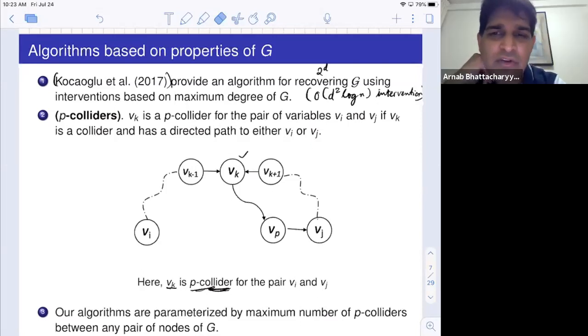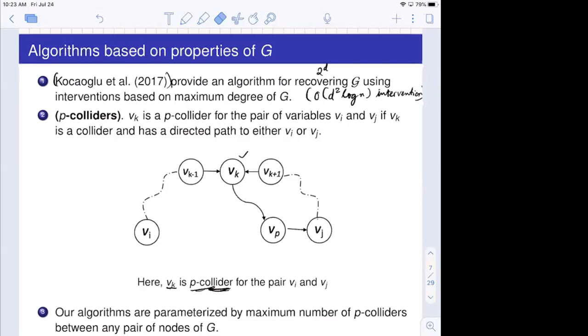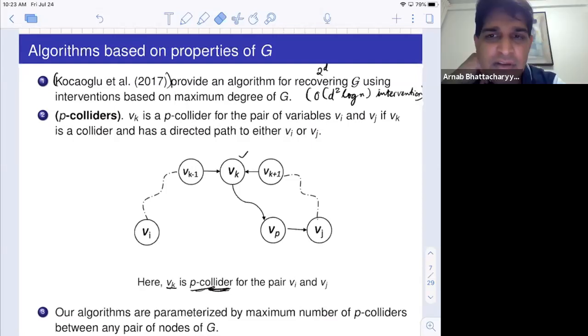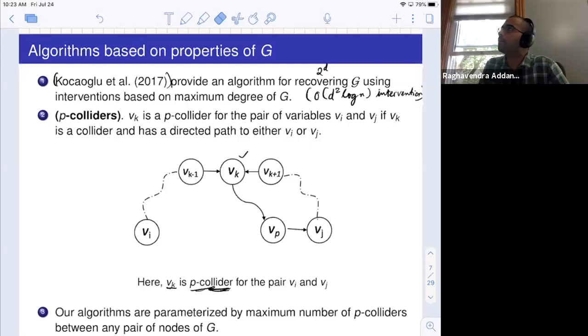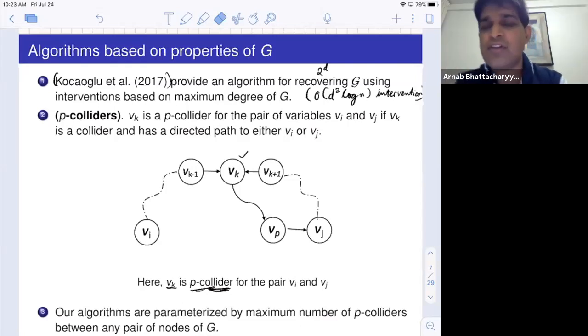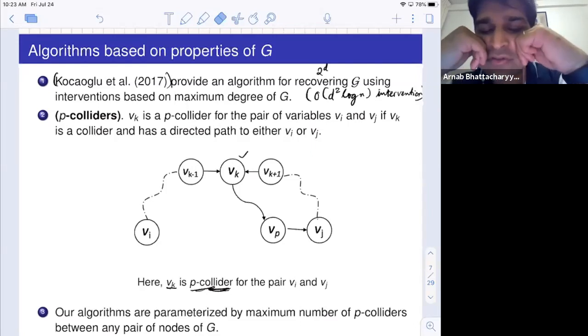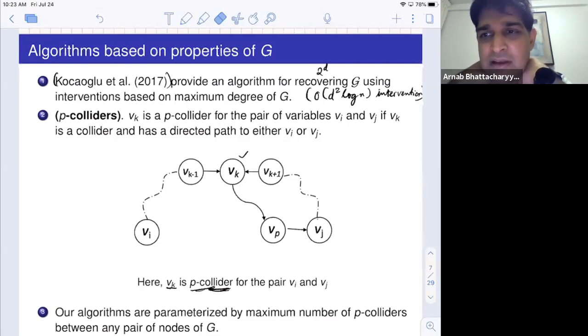I think we could get something which is independent of n, maybe exponential in d. Yes, that's true. But the interventions are pretty big, in the sense that in this unit cost model, you're choosing random subsets of some constant fraction of the whole graph.